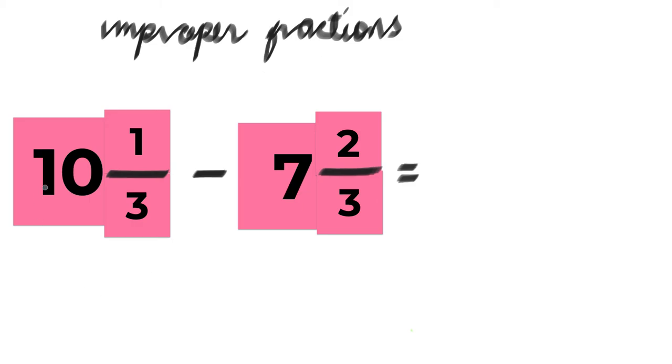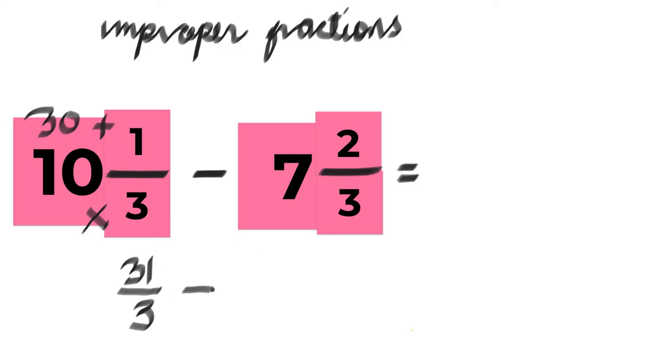Now, by changing to improper fractions, all you need to do is to multiply the denominator by the whole number. 3 times 10, that gives you 30. Then plus the numerator, that gives you 31. 31 will be the numerator. Simply copy the denominator, which is 3.